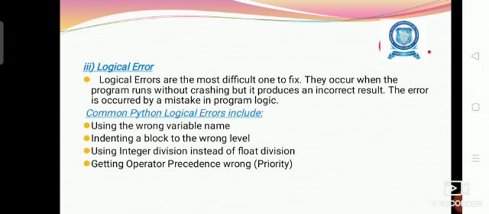So we will get the logical error. We will get incorrect results. And in the place of a division operation, when we apply integer data instead of float data, we will get the wrong result. And when we apply the indentation at the wrong level, we will get the logical error.